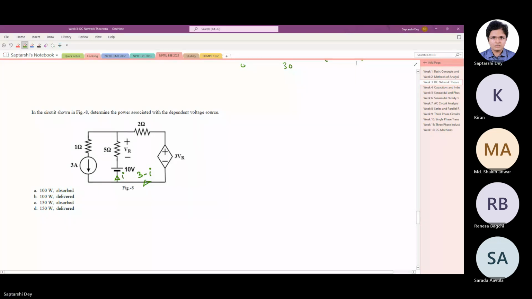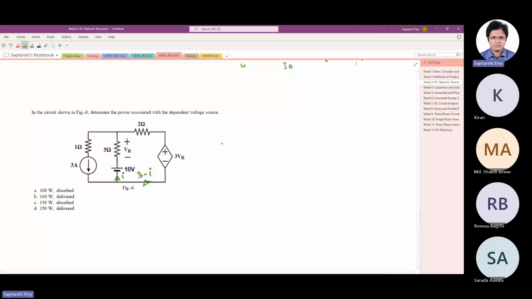That is fine. Just a minute. We have one equation with I and VR. Let us write anyway. No, we have two equations.